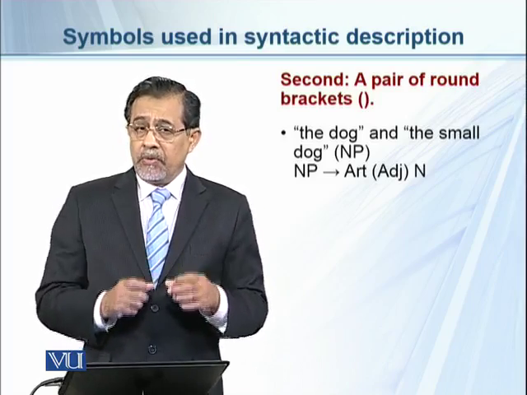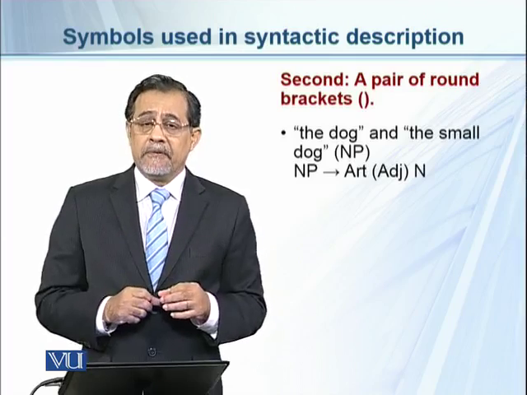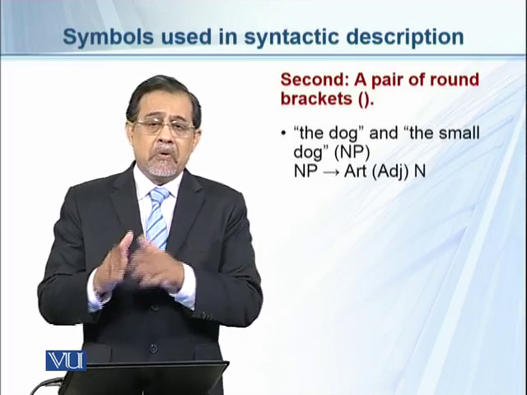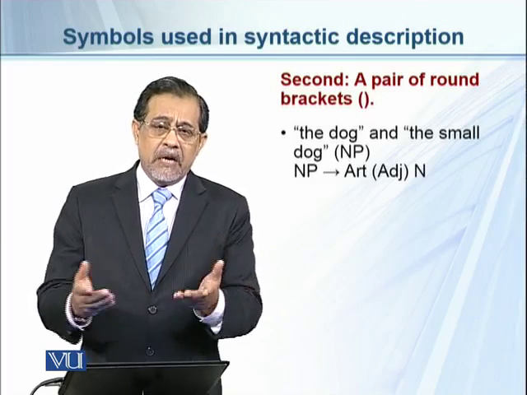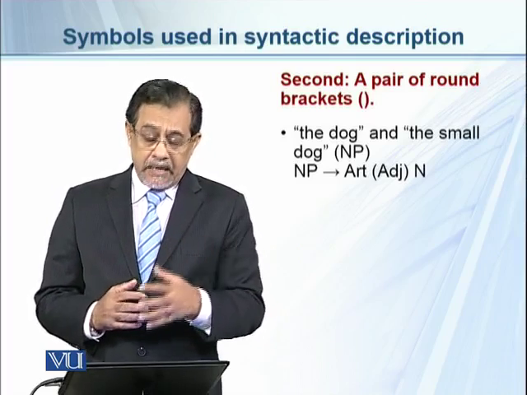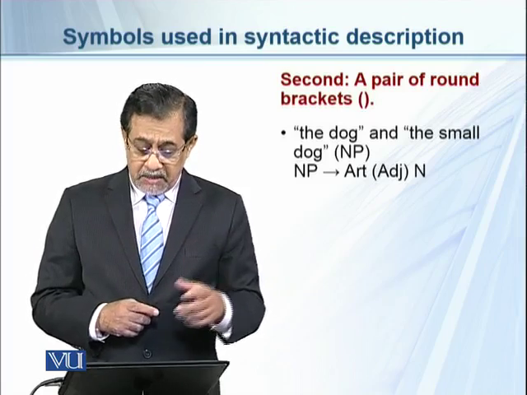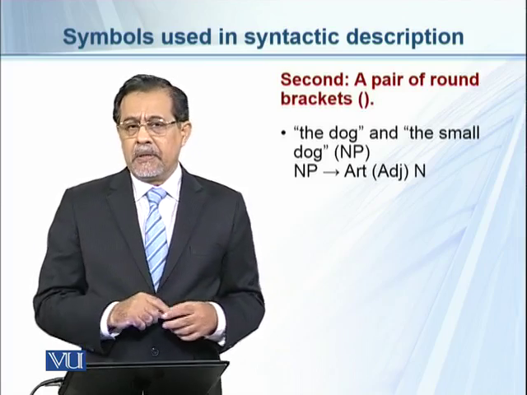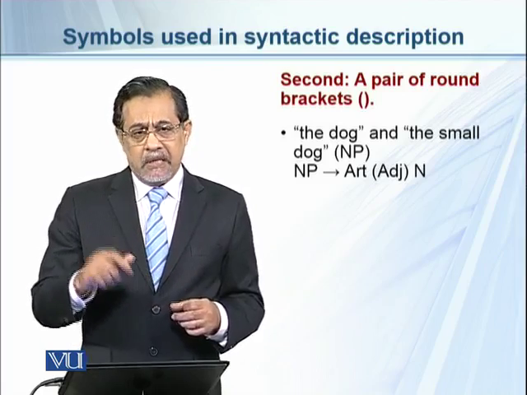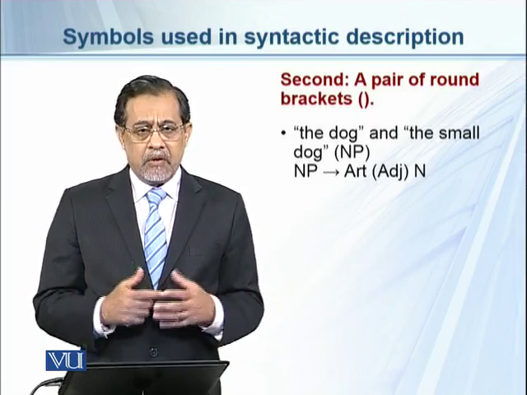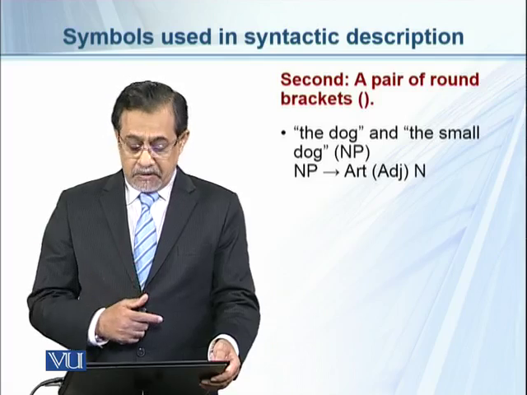So we all know that we can have a noun phrase without an adjective. When we put these round brackets, we mean that it is an optional category. It can be present or it can not be present in a phrase.